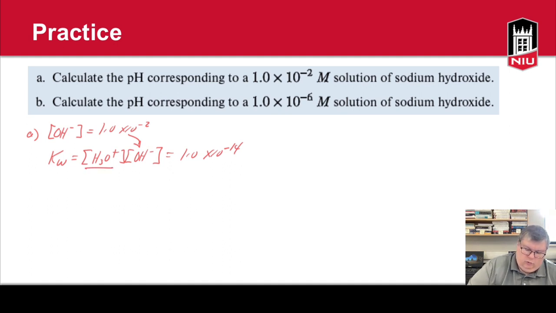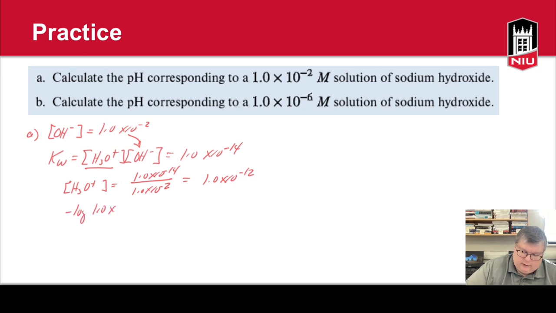So H3O plus is equal to 1.0 times 10 to the minus 14th over 1.0 times 10 to the minus 2, and that equals 1.0 times 10 to the minus 12. If I take the pH of that, the negative log of 1.0 times 10 to the minus 12, that equals 12.00 pH units.